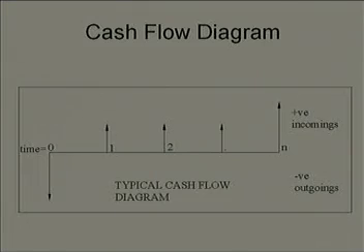By convention, we assume that all the incomings, that is whatever money we are going to receive, are written on the plus side, that is on the upper part of the diagram, whereas whatever money is being taken out of our pocket, or whatever money is outgoing, we show in the downward direction. This is the fundamental thing.